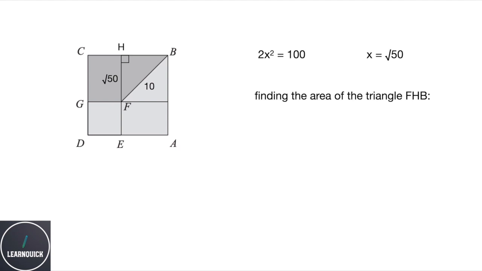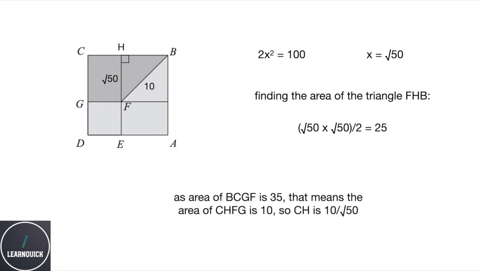Now, we can find the area of the triangle FHB. So the square root of 50 times square root of 50 over 2, as it is base times height over 2, is 25. So the area of that triangle is 25 centimeters squared, and as we know the area of the whole trapezium is 35, that means that the area of square or rectangle CHFG is 10, as it's 35 take away 25.